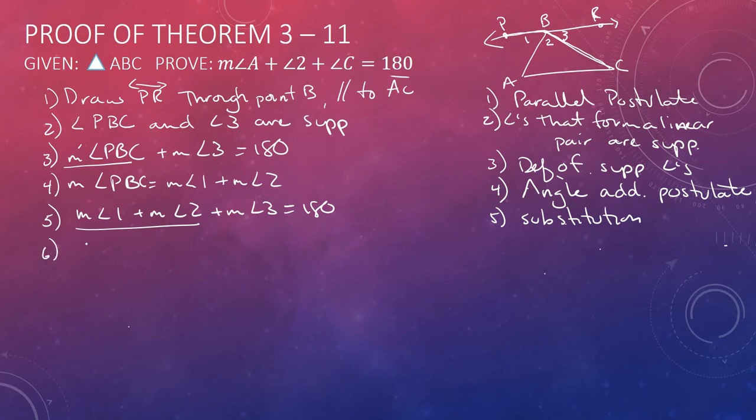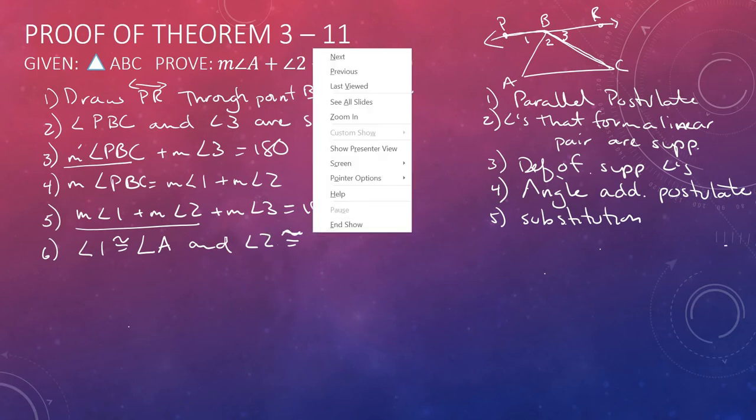Number 6. Angle 1 is congruent with angle A. And angle 3 is congruent to angle C. Sorry, did I do that right? Yeah, angle 3.